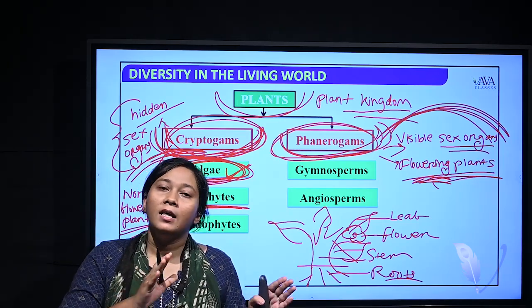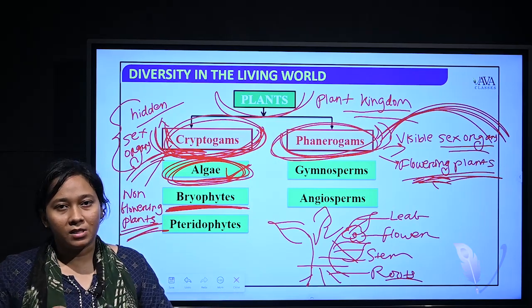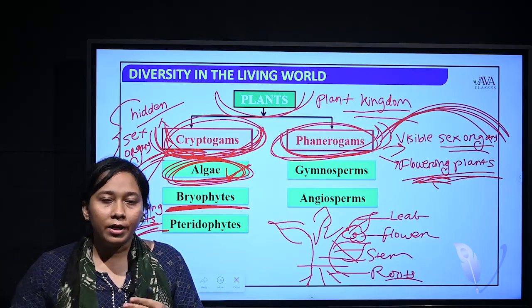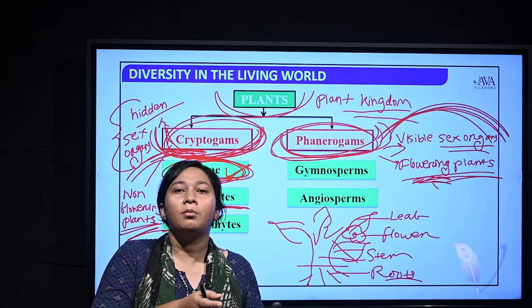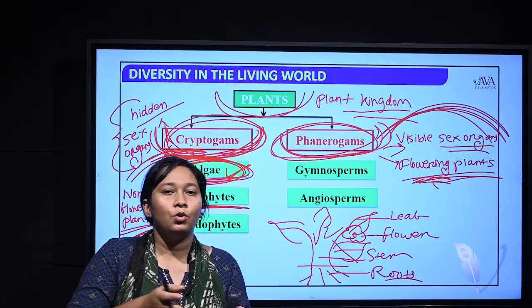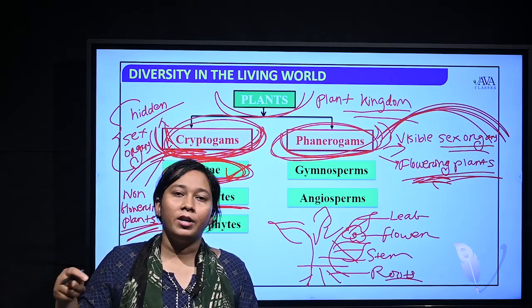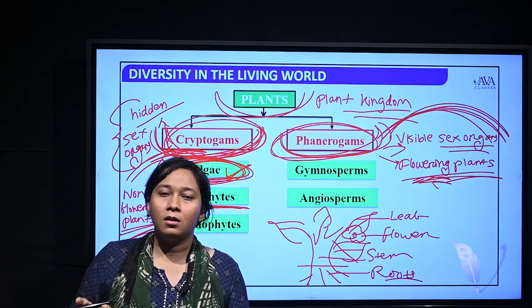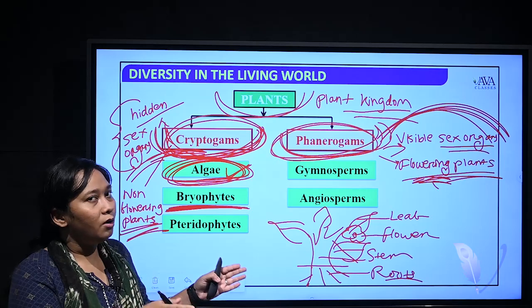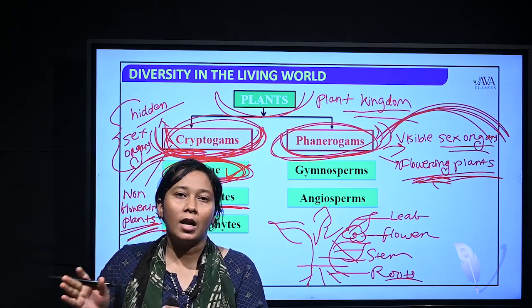That's why they are the first aquatic organisms, and as years passed, they evolved from aquatic organisms to land plants, not in a single day or year, but over millions of years.